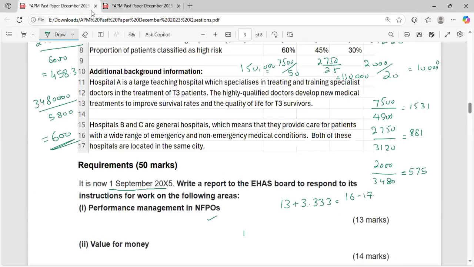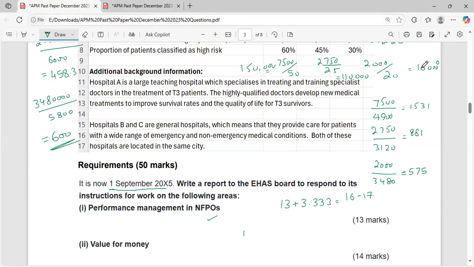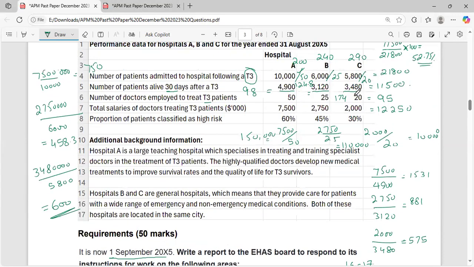Salary per doctor, we also determined, is 150,000, 110,000, 100,000. So this is the salary per doctor. Patients treated per doctor is like 200 patients treated by each doctor. We also determined these values, although we only took those who get well.